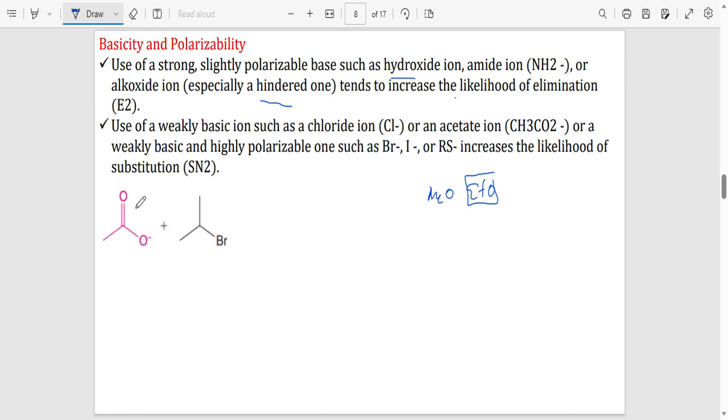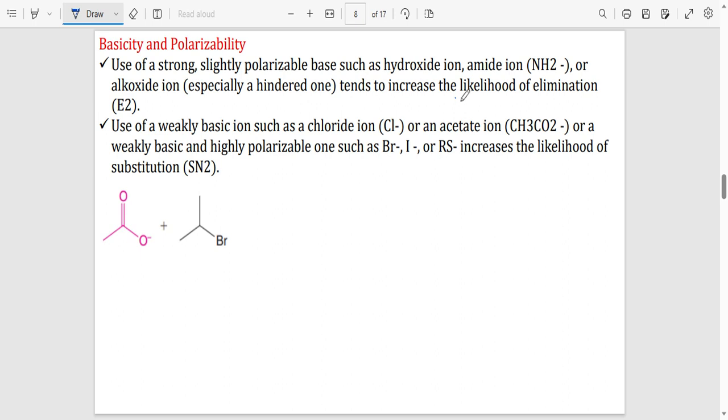Now, in this example, we have this one, which is an acetate ion. It is a strong and slightly polarized base. So what is going to happen in this reaction? What will be the major product? Is it going to be formed by E1, I mean by E2 or SN2?